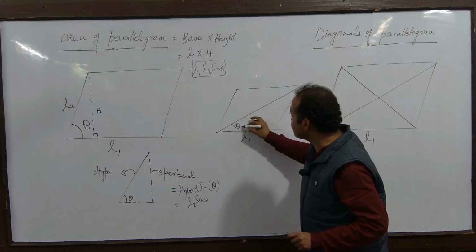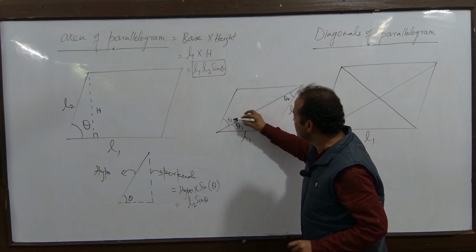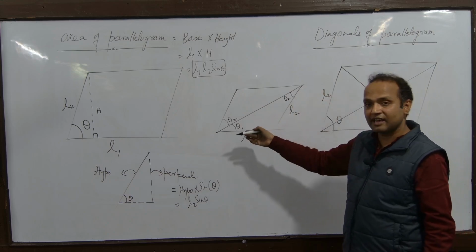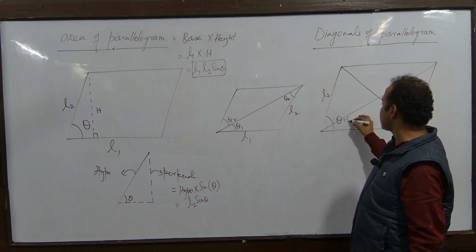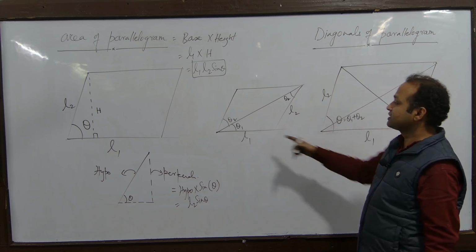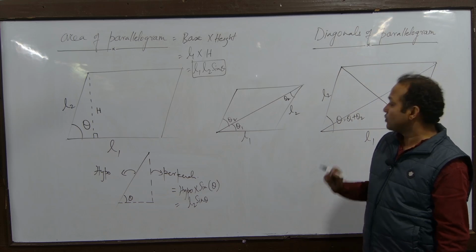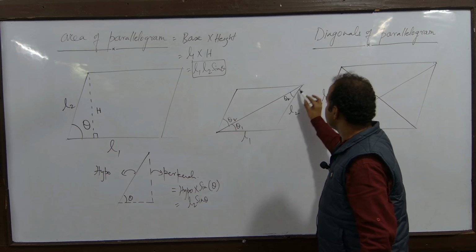See, this angle is theta 1, this angle is theta 2, and this is theta 2. These are parallel lines, so theta is equal to theta 1 plus theta 2. But theta 1 and theta 2 need not be equal. So how will I proceed? I have to find this length.